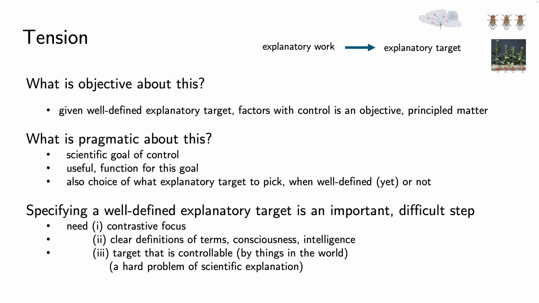So a target needs to be something that is controllable by factors in the world. There are various ways that scientists work to get around this problem, sometimes by specifying a target, looking for causes, and on the basis of what they find, they'll go back and redefine the target, or they just start with candidate causes, intervene on them, see what they produce. But this is a very interesting kind of hard problem of scientific explanation.